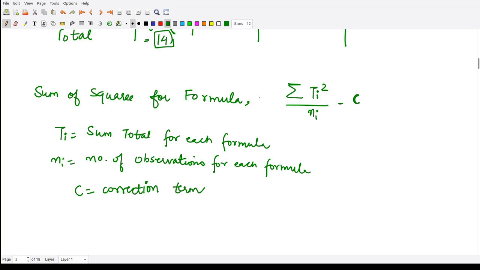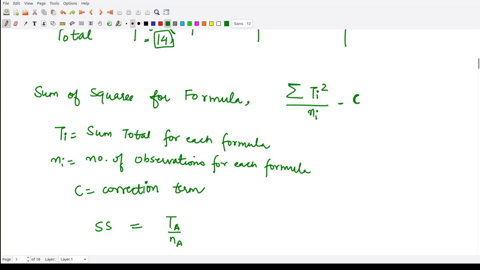So we can calculate this for formulas. The sum of square SS for formulas is calculated as TA square by NA plus TB square by NB plus TC square by NC, minus C. The summation is not varying over C. It is only varying over i in Ti square by ni.